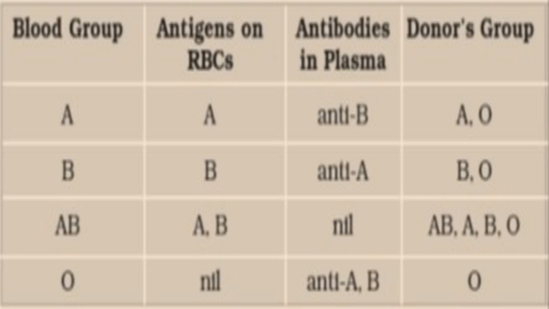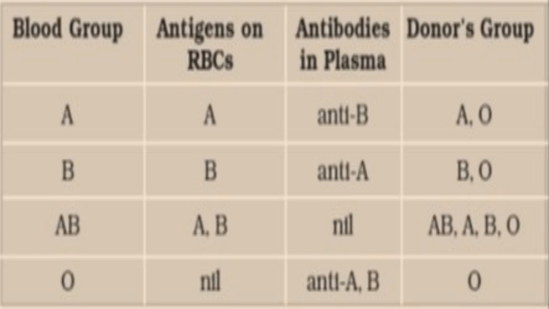As we see in B, the antigen is B and the antibody is A, and donors are B and O. In case of O, there are no antigens present in RBCs. That's why it is a universal donor.